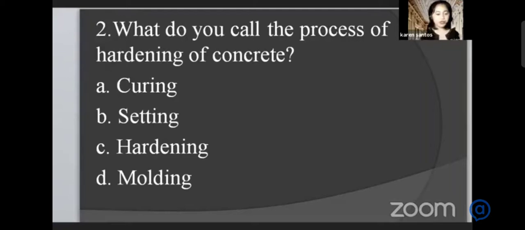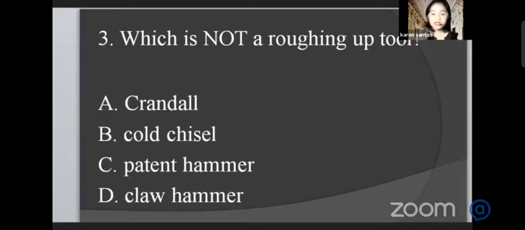Next, for question number 3: which is not a wrapping up tool? A. Crane dowel, B. Cold chisel, C. Patent hammer, D. Claw hammer. You also have to familiarize yourself with the different equipment and materials, especially in carpentry and masonry.